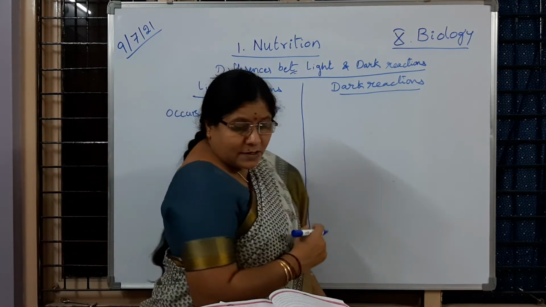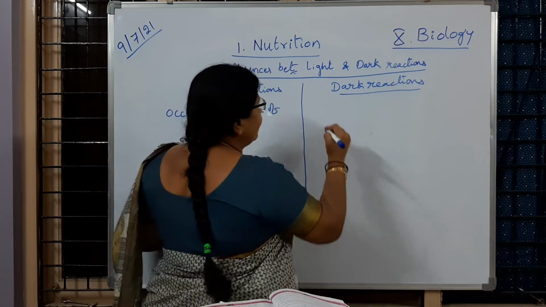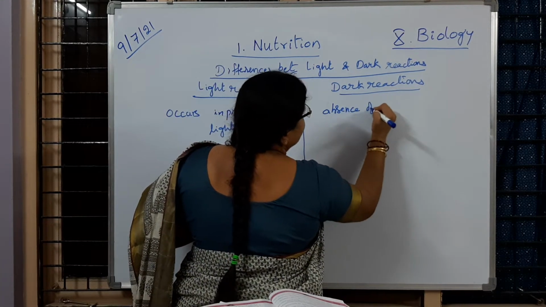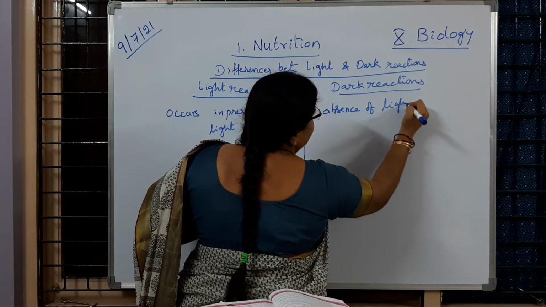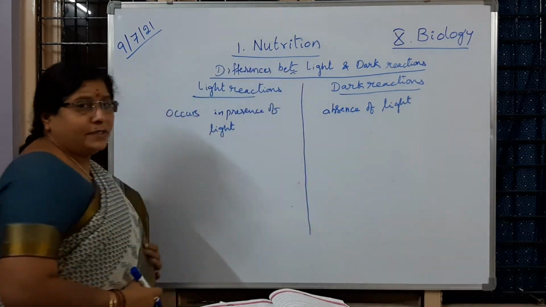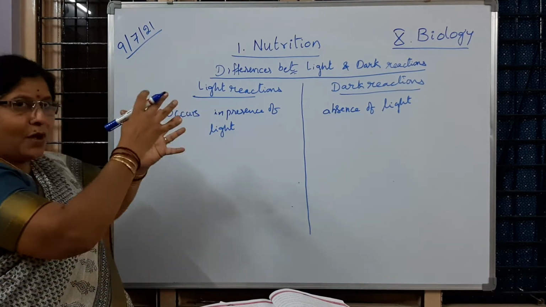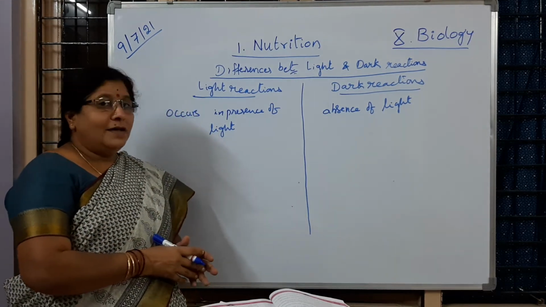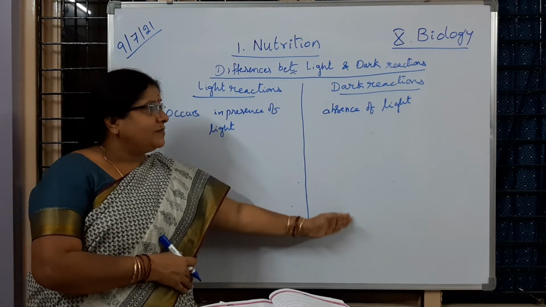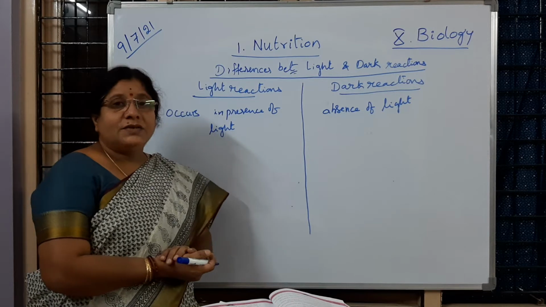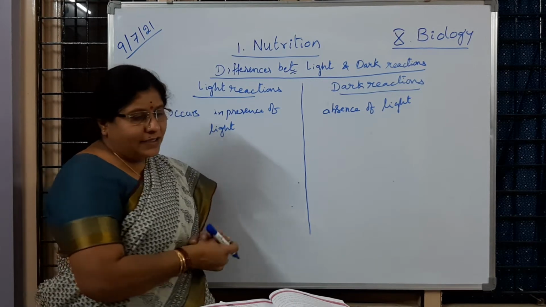Dark reactions occur in absence of light. Children, make a note of it. If we keep all the points of light reaction and all the points of dark reaction, that will be the differences of light and dark reactions.